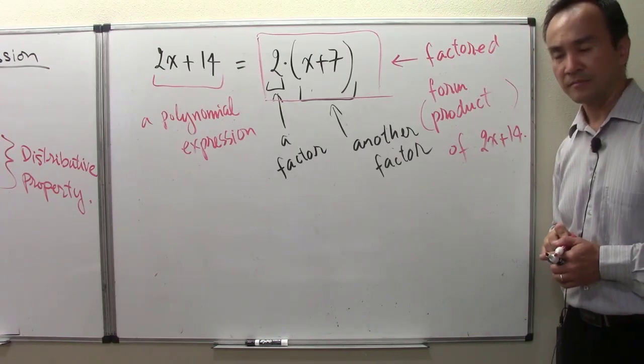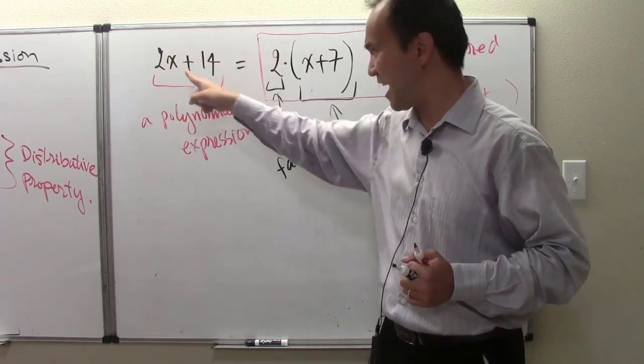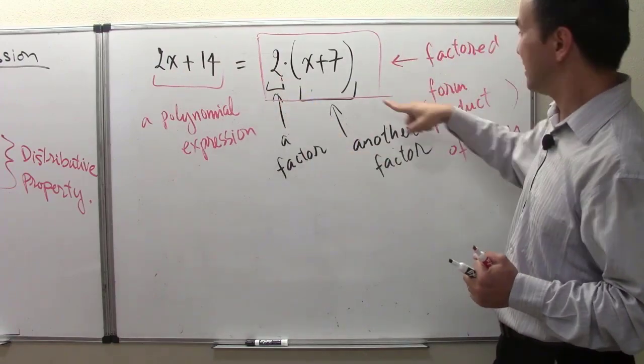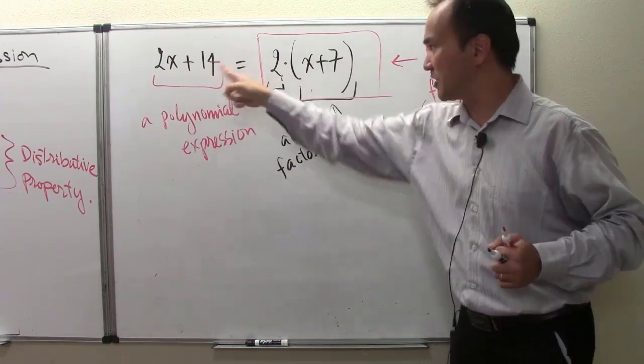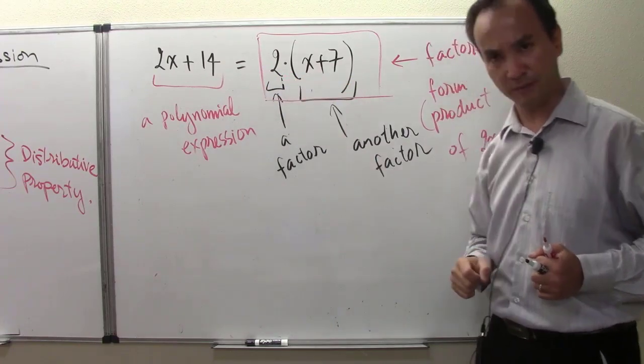Here I'm just telling you the answer: 2x plus 14 can be factored, or the factor form of 2x plus 14 is 2 times the sum x plus 7.